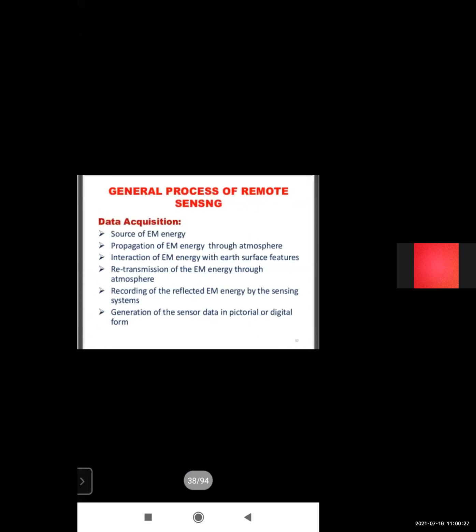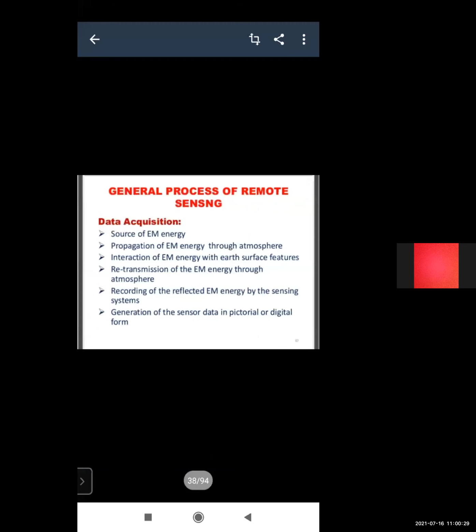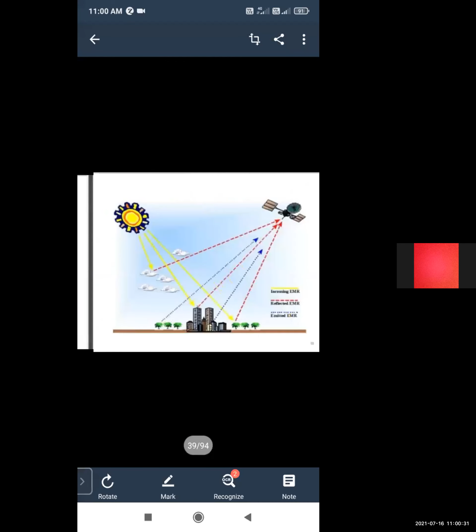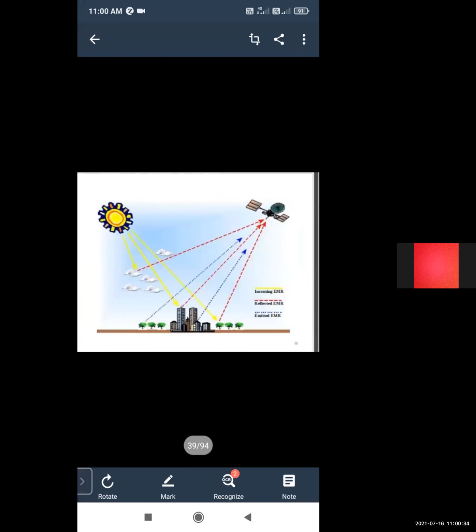So see the figure. This figure shows the process of data acquisition by remote sensing. Here sun is available. Sun is the electromagnetic source for the passive system, and these buildings and trees are our target.